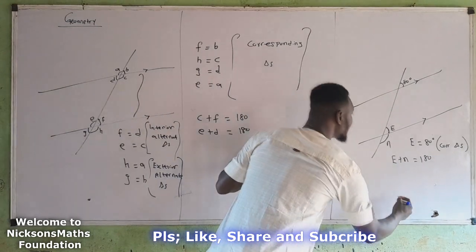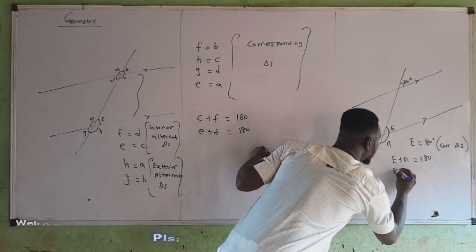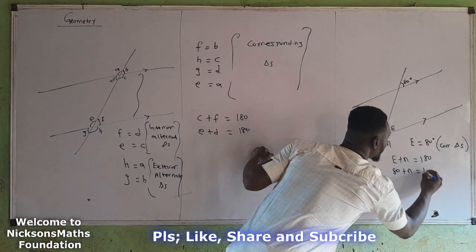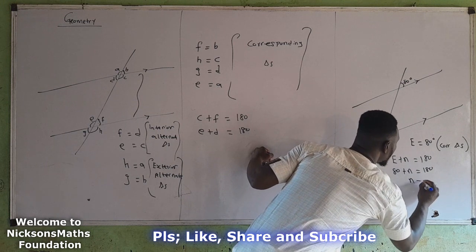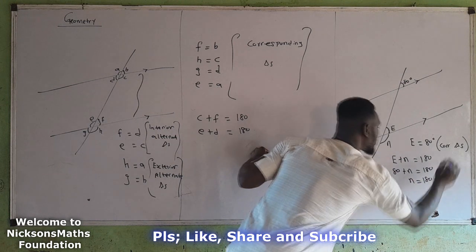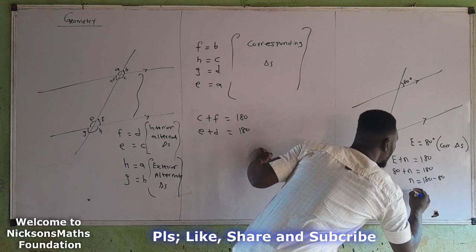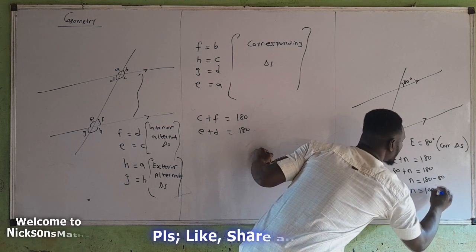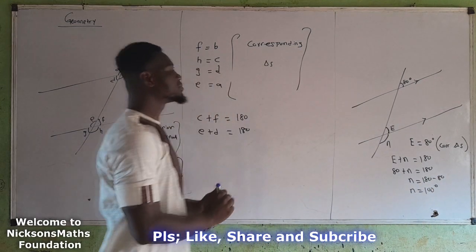E is 80, so 80 plus N is equal to 180. Then take 80 to the other side, that's minus 80. So N is equal to 100 degrees. As simple as that.